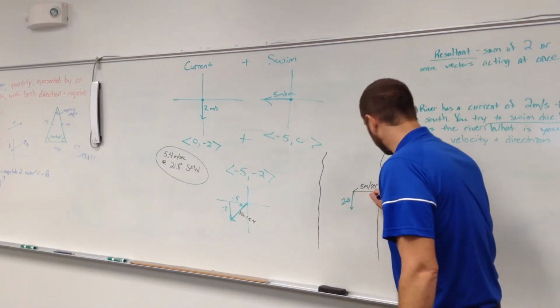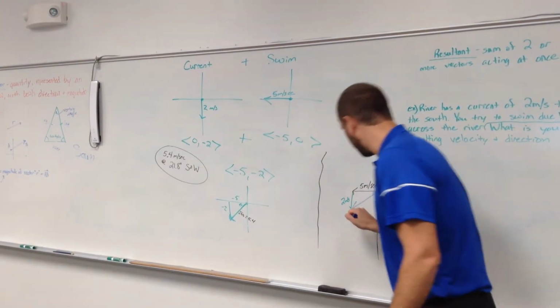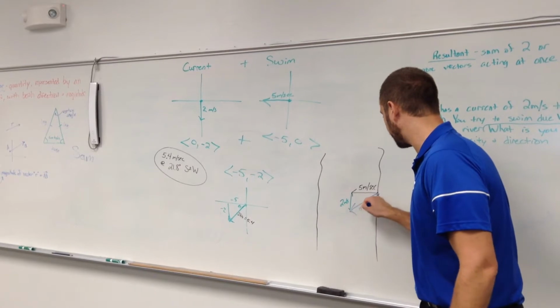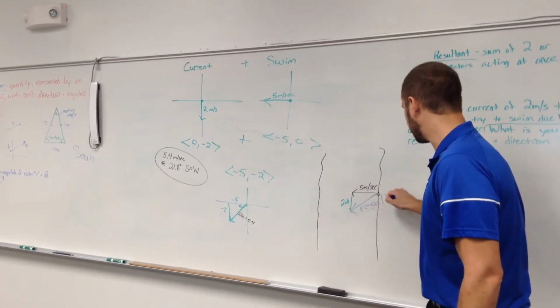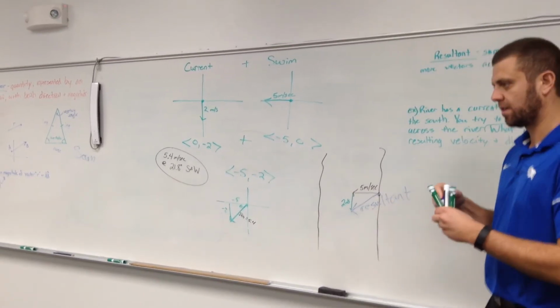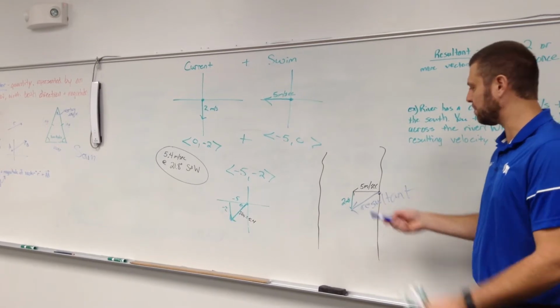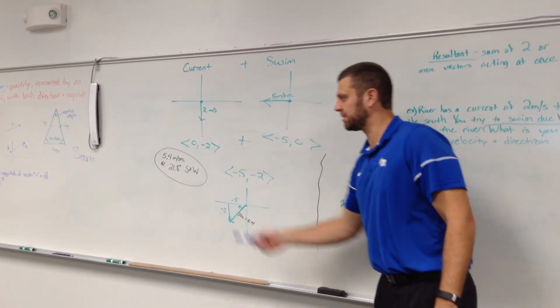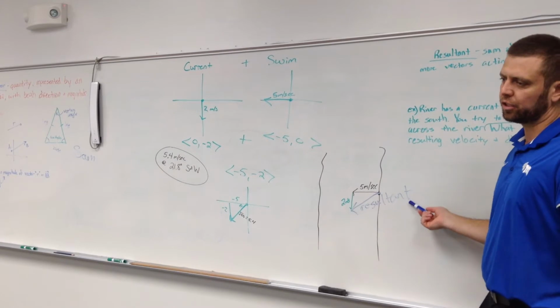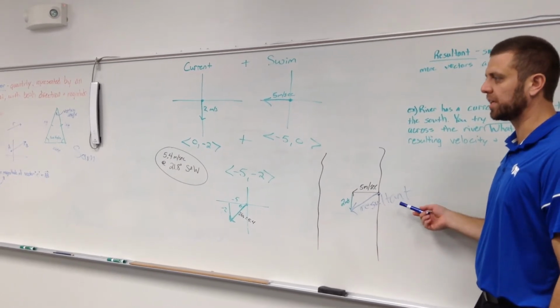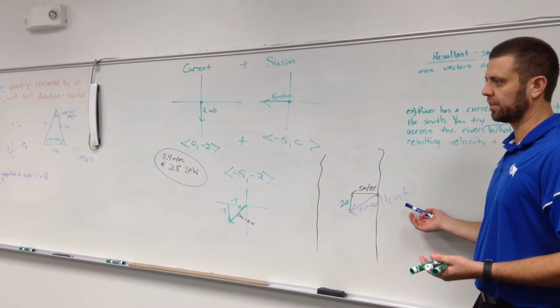If you make the triangle, this blue arrow here, that is my resultant. Notice the triangle ends up being the same as this. For this problem, this is very simple because it's a right triangle.